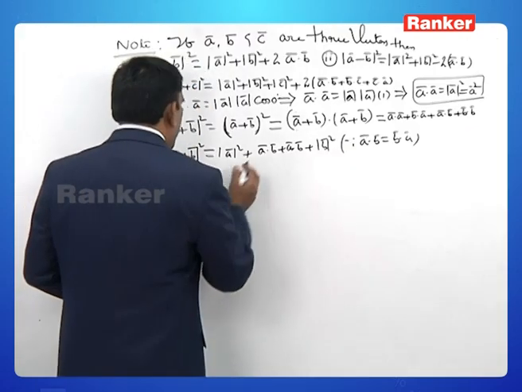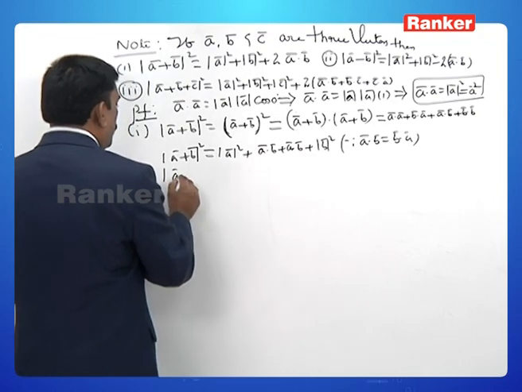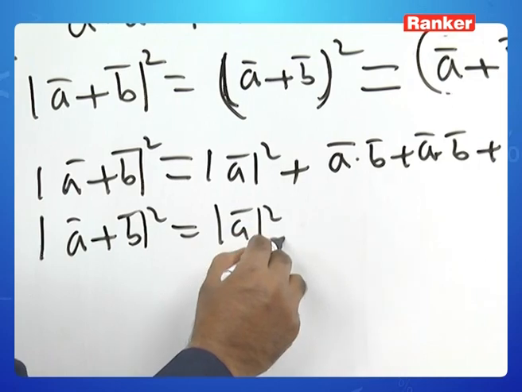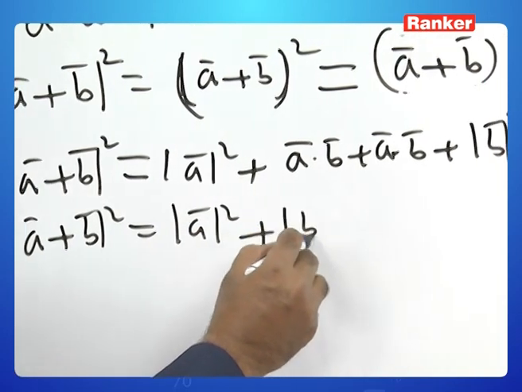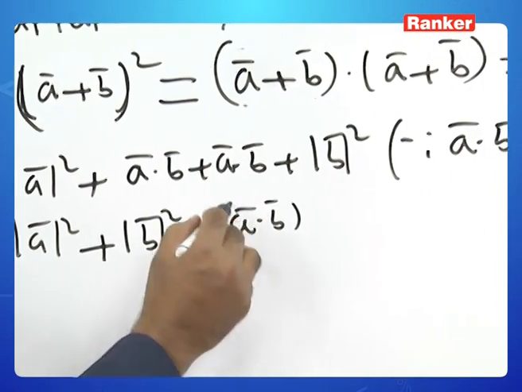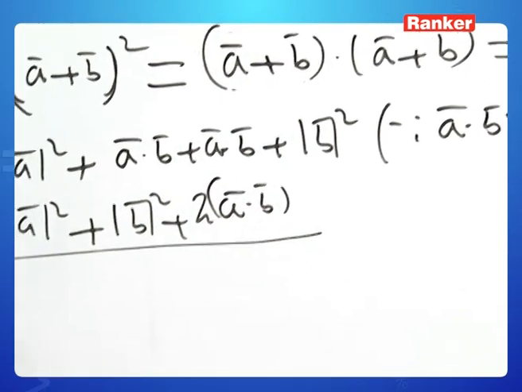So therefore, I can write modulus of A bar plus B bar whole square is equal to mod A whole square plus mod B whole square plus 2 into A bar dot B bar.